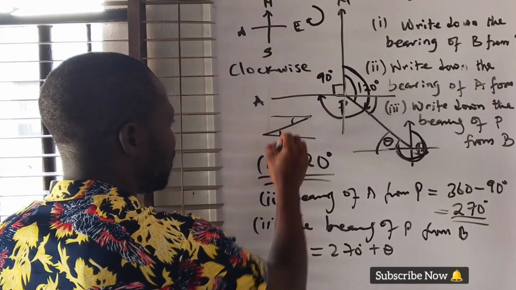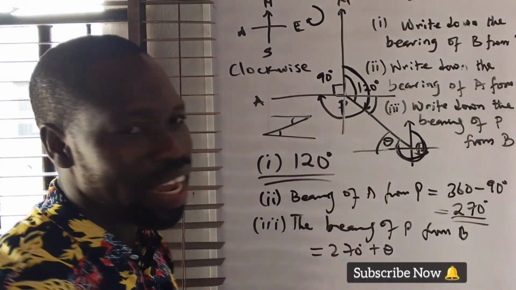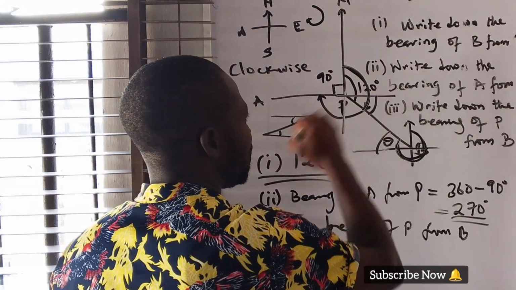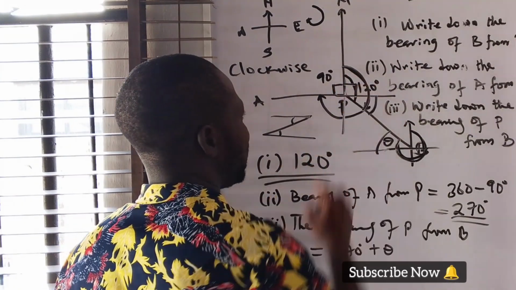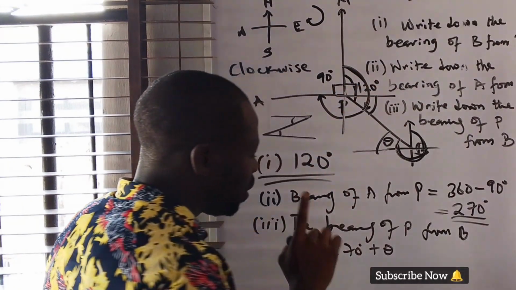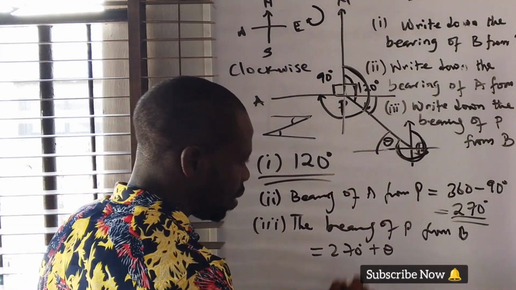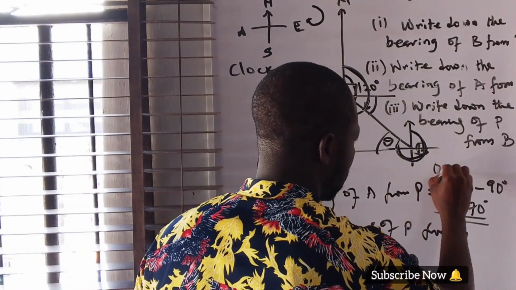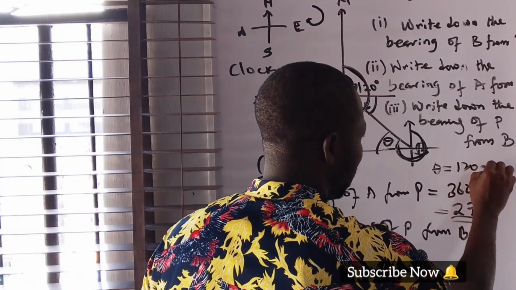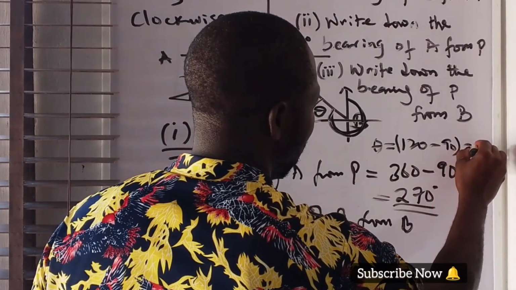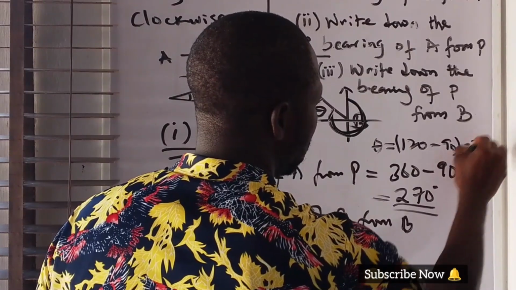So these two are alternate angles and they are equal. Now remember that all the way from this point to this place is 120, and we know this part is 90 degrees. So theta is actually 120 minus 90, which is 30 degrees.